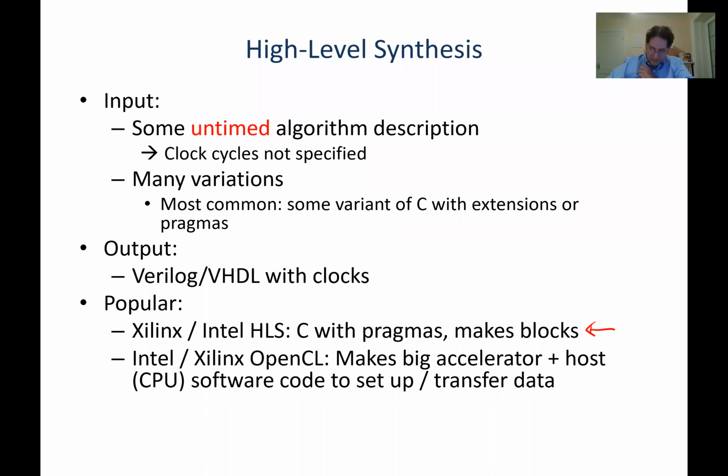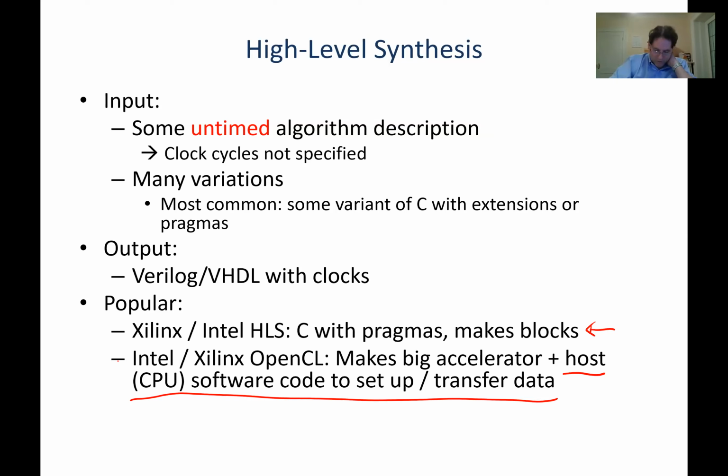And that's actually a nice benefit of this flow. If you're building a system where you're doing some compute acceleration and you need a CPU that's supervising it, it can be a fair amount of low-level coding to make, particularly an off-chip CPU, so a CPU that's a Xeon CPU in a server, talk to your FPGA over something like PCI Express and send your accelerator commands.